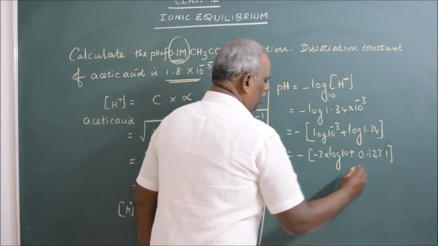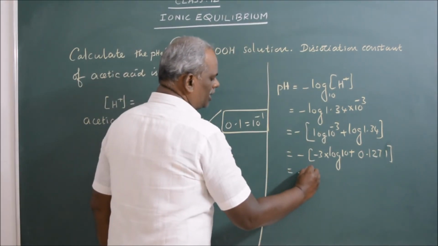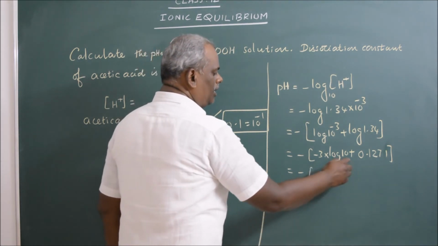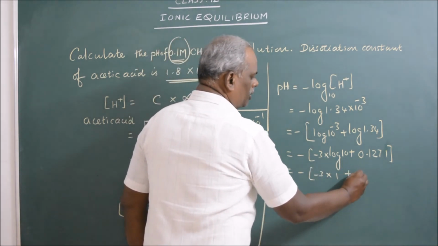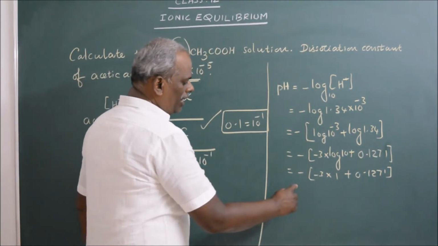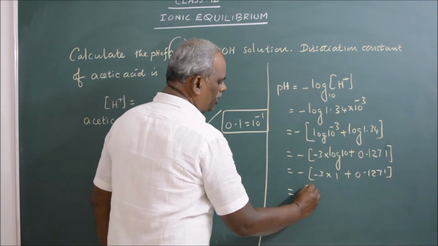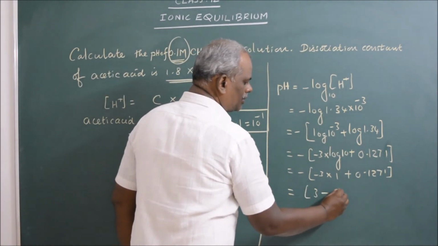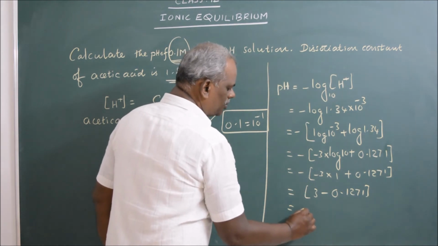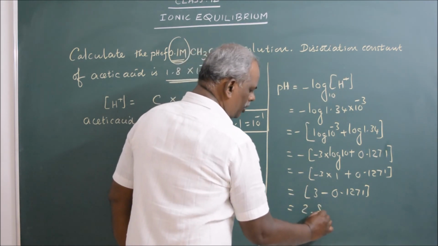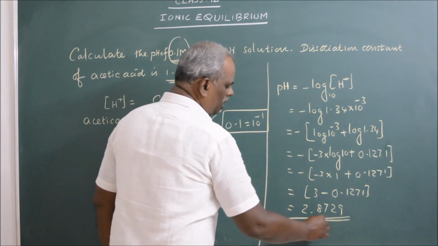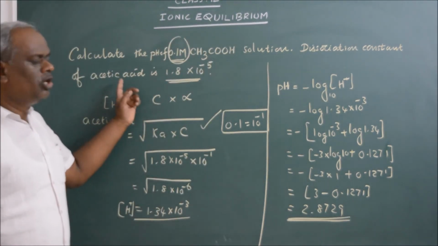And now we can write this as minus 3 into log 10, which is 1, plus 0.1271. When the minus is taken into the bracket, it becomes 3 minus 0.1271. So that becomes equal to 2.8729. This should be the pH of the given solution.